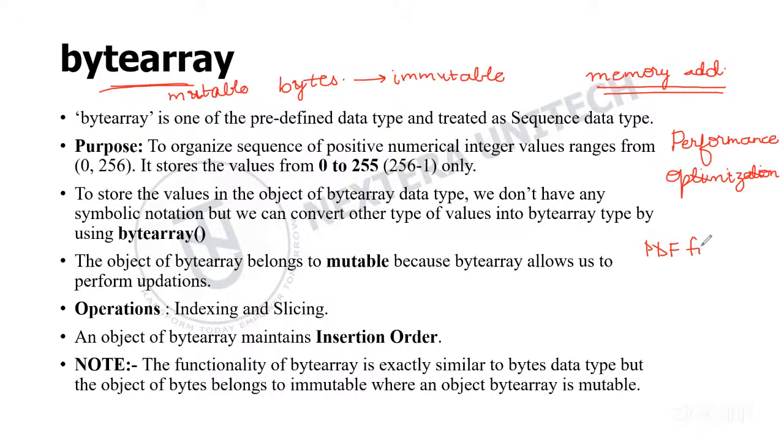So in the same way, bytes is immutable. And your byte array is just like your Word file. A Word document is mutable, you can change it, and even once it is saved, you can edit it, right? So that way, if you think of bytes as a PDF file that is immutable, byte array is like a Word document which is mutable.